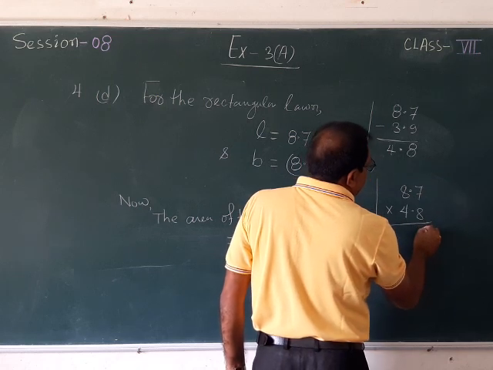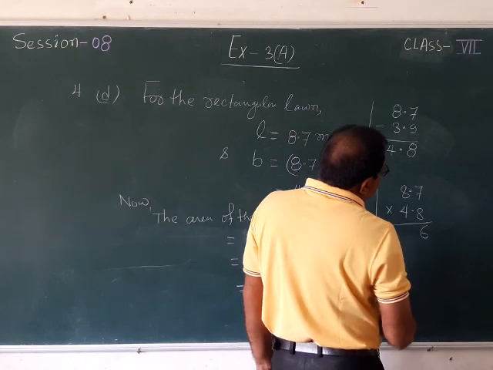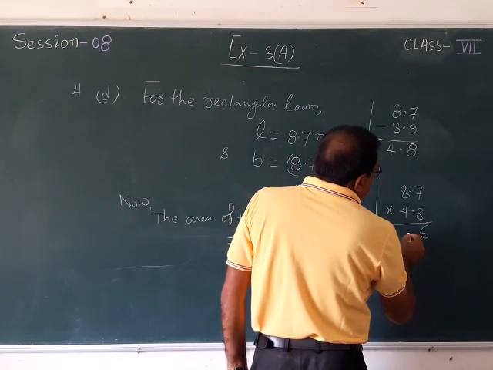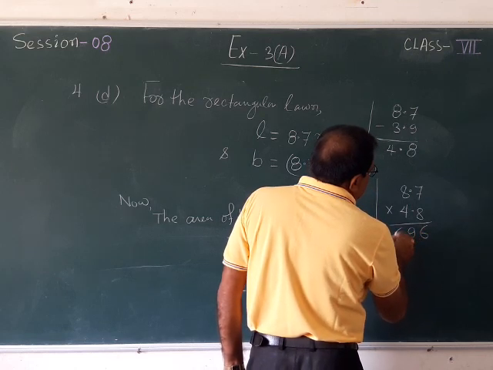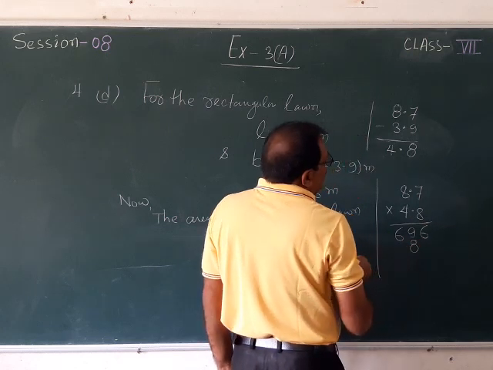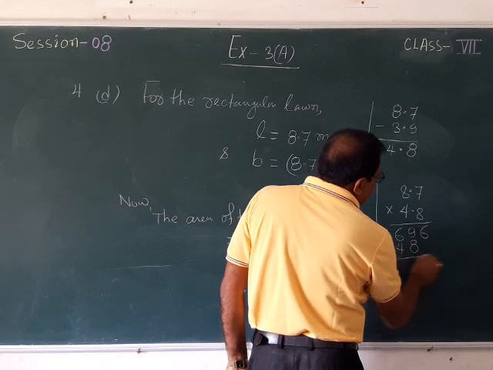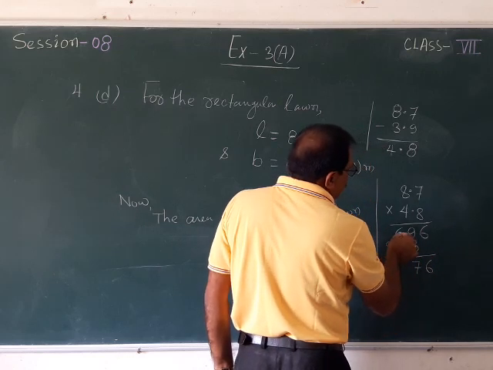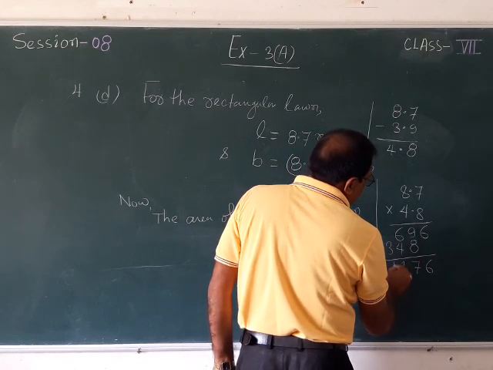8 times 7 is 56, 6 carry 5. 8 times 8 is 64, and 64 plus 5 is 69. Write down 69 here. 4 times 7 is 28, carry 2, and 4 times 8 is 32, and 2 is 34. Adding, you get 6, 9 plus 8 is 17, 7 carry 1, 1 plus 7 plus 4 is 12... giving 348 or 3, 1, 4.